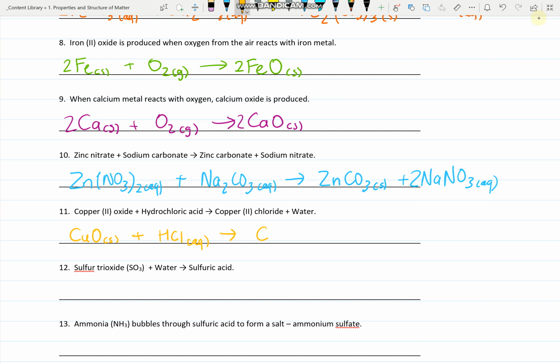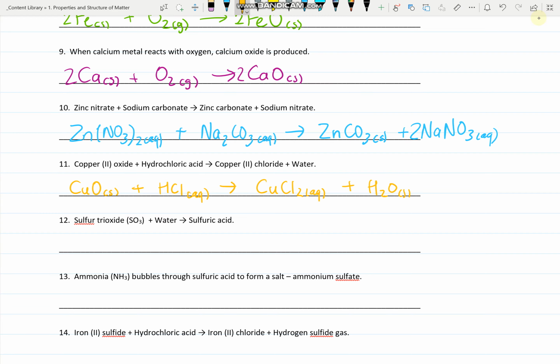Copper chloride is like this, the 2 versus the 1-, aqueous plus H2O. This isn't a type of reaction, by the way. I guess there are metal oxides. This is not anything that you'd be expected to know, so you'll never get a question that's just like that. They'll tell you what the products are.